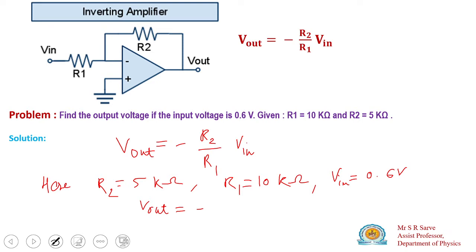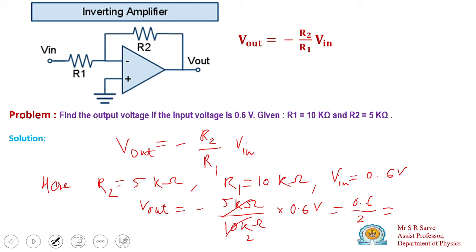What is the value of R2? R2 is equal to 5 kilo ohm. R1 is equal to 10 kilo ohm, and the input voltage is 0.6 volt. Okay, so this will be equal to 1 by 2, and this will be 0.6 divided by 2.